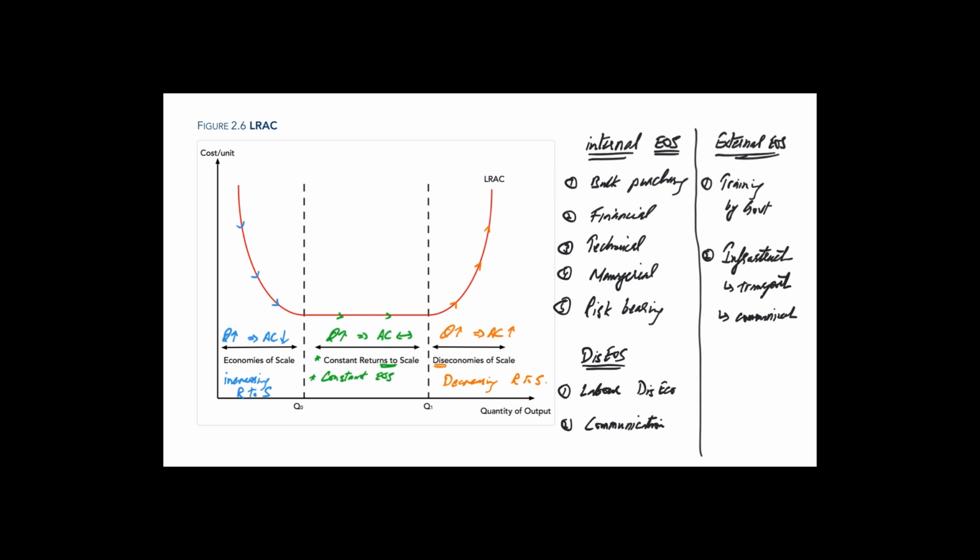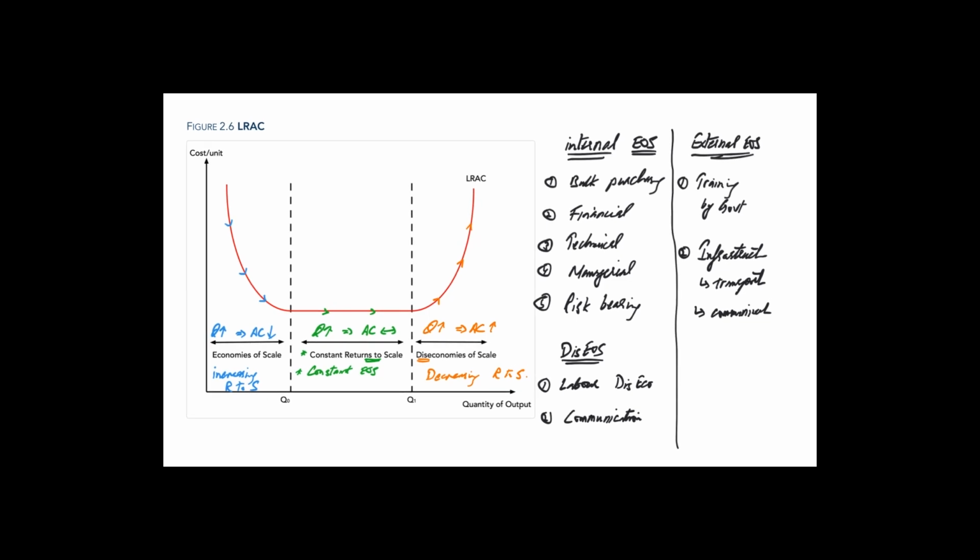So something which benefits everyone and not just one single firm. Right. And then in external as well there can be diseconomies, like too many firms in one place, pollution, traffic congestion, and land prices going up, and all of these sort of things.